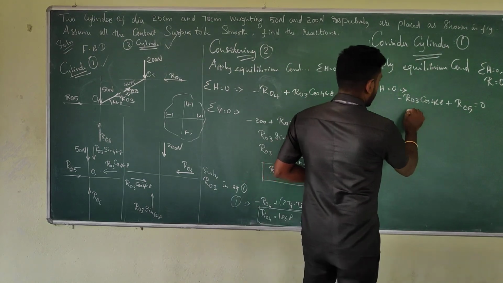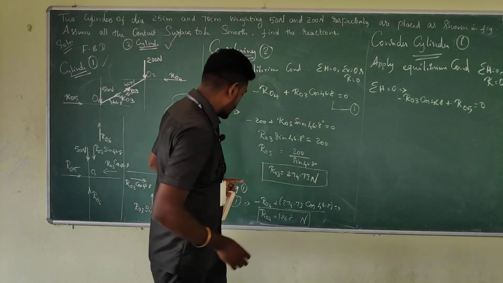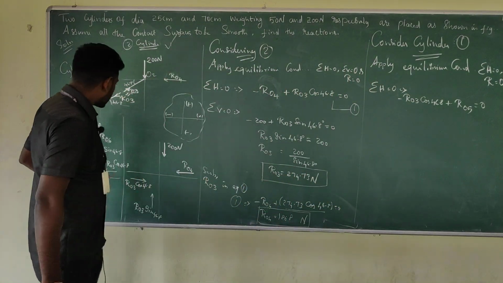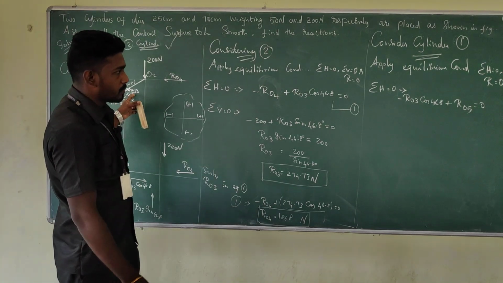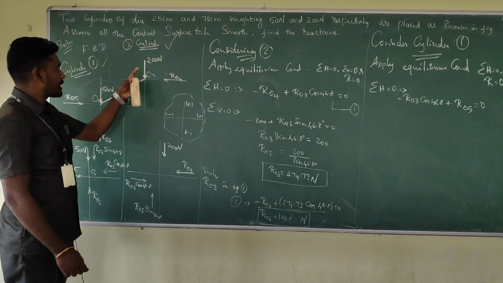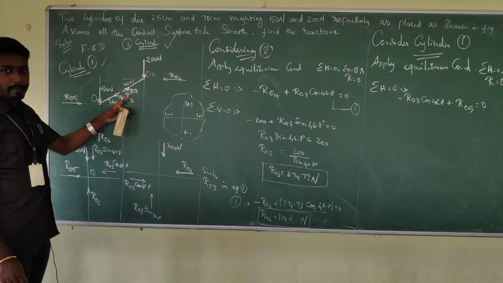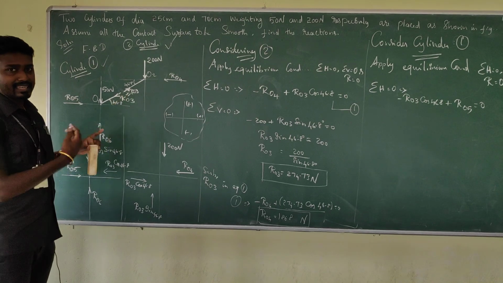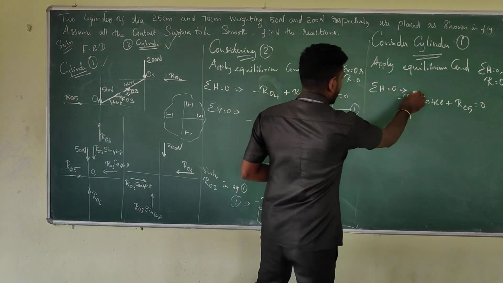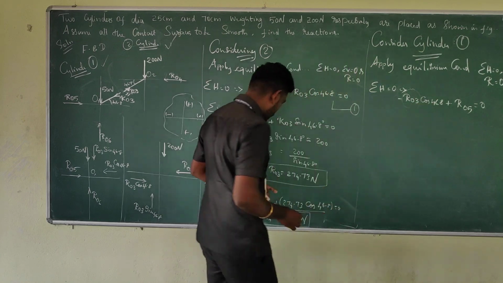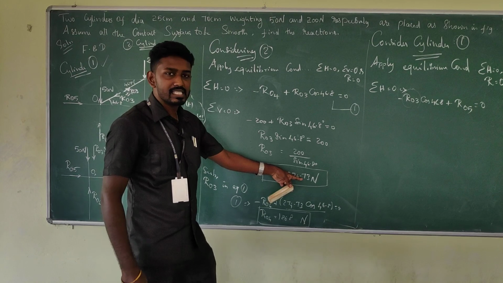So here we can apply one thing. See, RO3 which is equal, am I right? When you are considering the cylinder 1 and 2, the magnitude of the reaction force is equal and the direction is different. Okay, so here RO3 we can directly substitute the value which you got in the previous step, which is 274.73.